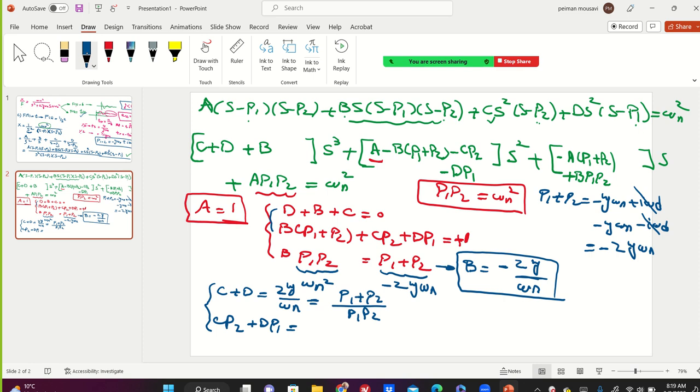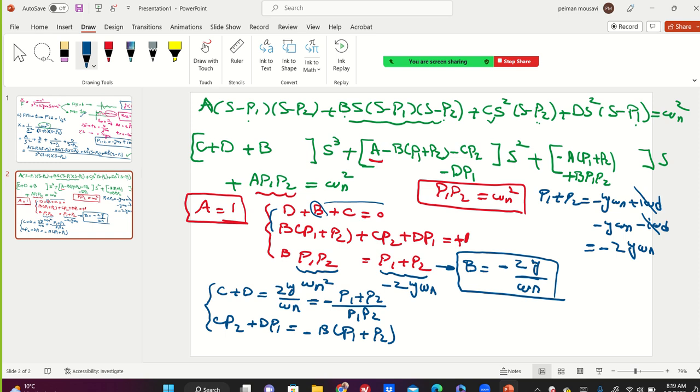So it's gonna be minus B P1 plus P2. I'm just putting B from here. Minus, gonna be like this. I'm moving B to the other side. So B is minus P1 plus, and this one gonna be this. So now you can find C and D from here.